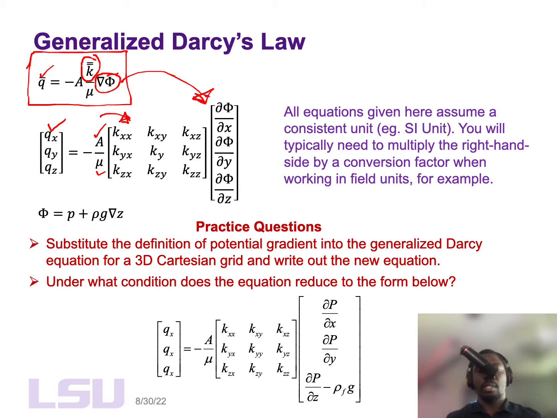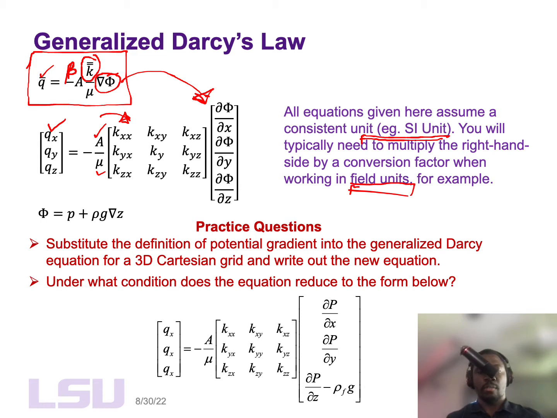And here I've assumed you're working with a consistent set of units, like using the SI unit. But if you were to use the field unit, then you will need a constant conversion factor here. So the conversion factor will be a constant depending on what unit you're using, if the unit is not consistent.